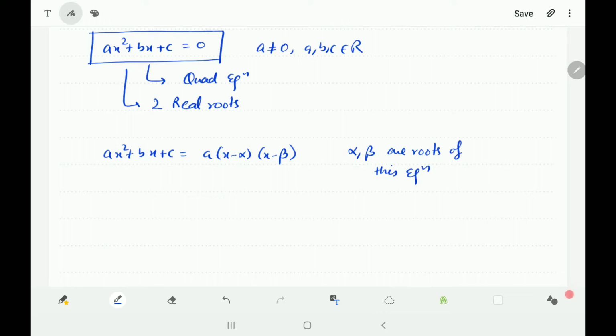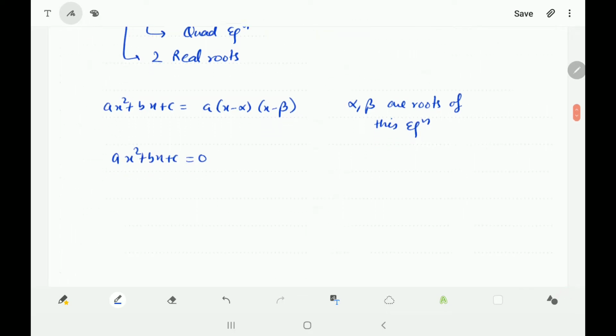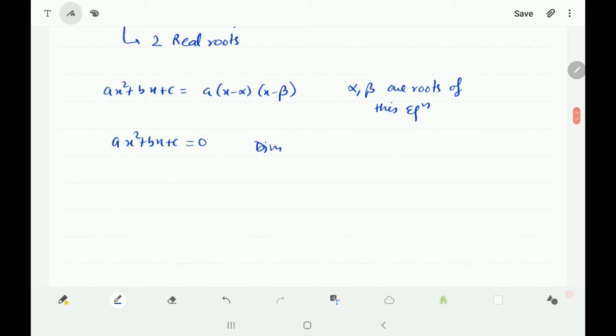Okay, to find out the roots of this equation, what I'll do is, ax square plus bx plus c is equal to 0. The first step is to divide both the sides by a. So we will get x square plus b by a x plus c by a is equal to 0.